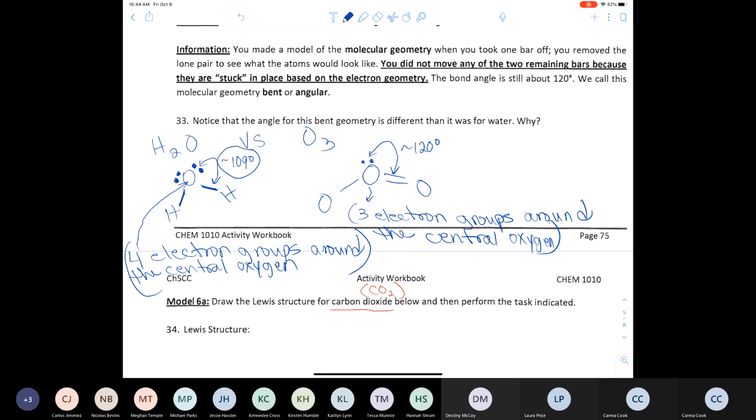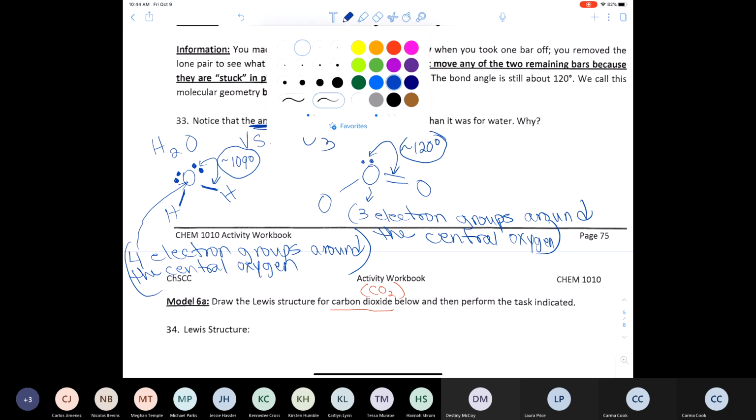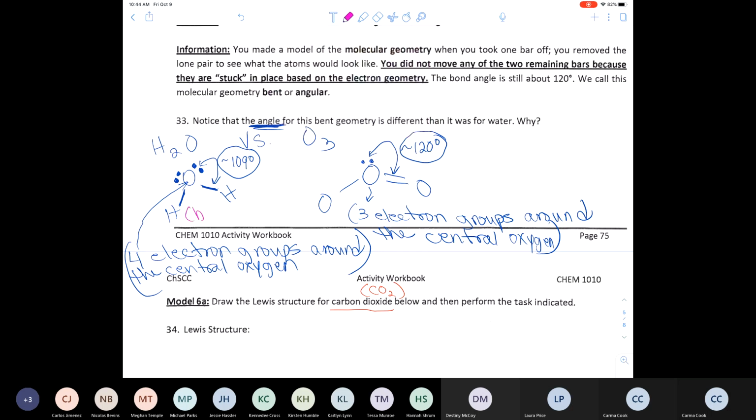So the bond angles for ozone and water are very different, even though both of their shapes are the same. They both have bent shapes or bent geometry, but their bond angles are different.